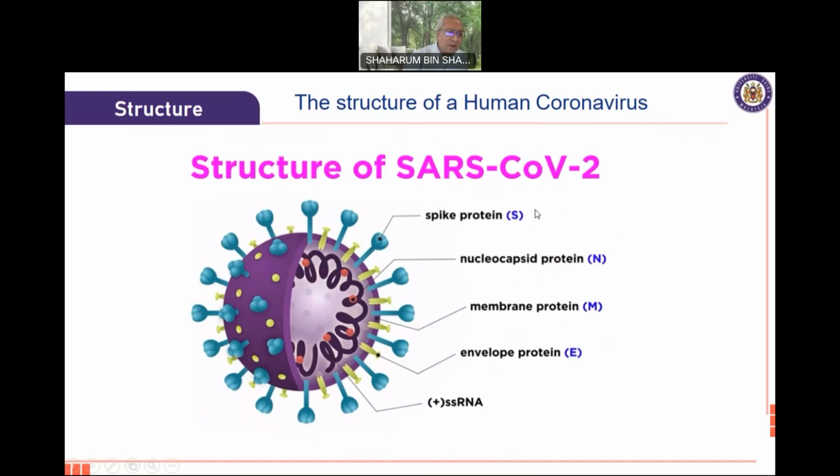The first protein, the most important one, is the spike protein, which is involved in the interaction with the ACE2 receptor on the surface of human cells. And then we have the nucleocapsid protein, which is a cover protein for the virus. And we also have the membrane protein, the M protein, and also the envelope protein, E.